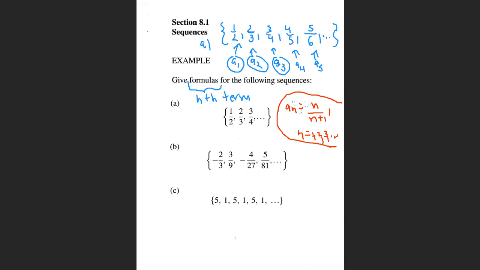Again, this is a comma here. For the terms of a sequence, we normally start off with the first term, n equals 1. Second term, n equals 2. Third term, n equals 3, and so forth. Okay, so that's the answer for the first one. Are there any questions on that?